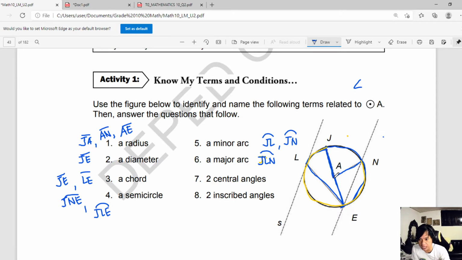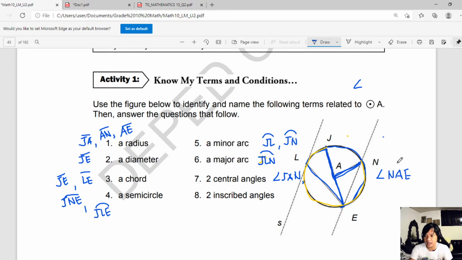Angle JAN. So, angle JAN is a central angle. Another one, we have ito. Angle NAE is a central angle.